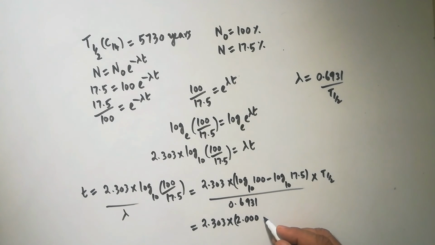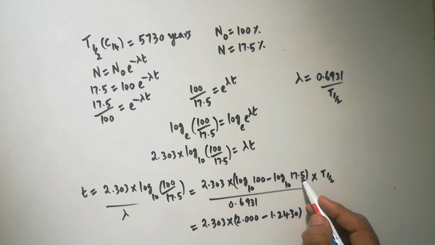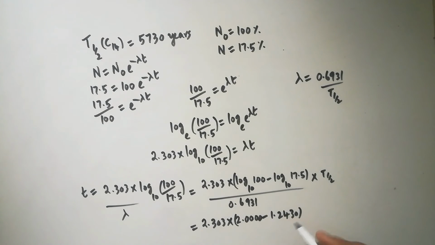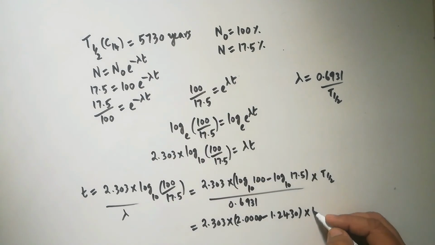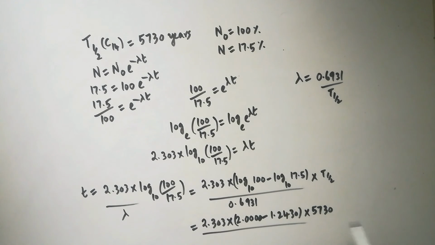So here minus 1.2430, which is the log of 17.5. One more 0 must be written. The T half value is already given, 5730 years, the whole divided by 0.6931. So we can write it like this. After calculating, we are able to get the answer.